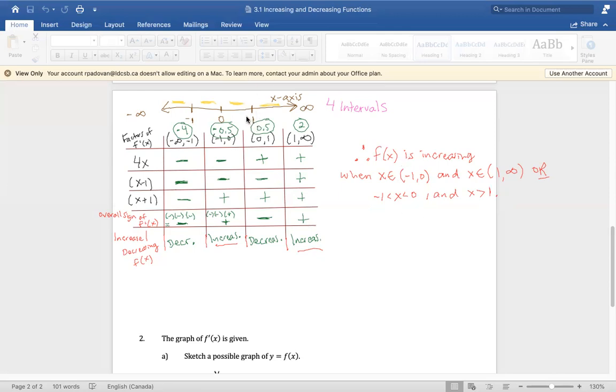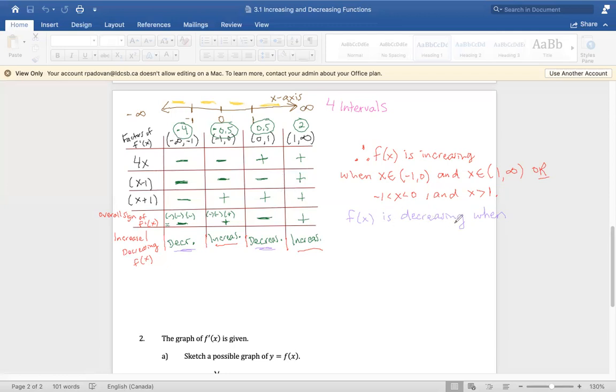And then f of x, the original function, is decreasing when, so again, it's decreasing when I'm between -infinity all the way up to -1, not including, and it's decreasing between 0 and 1, not including those numbers.